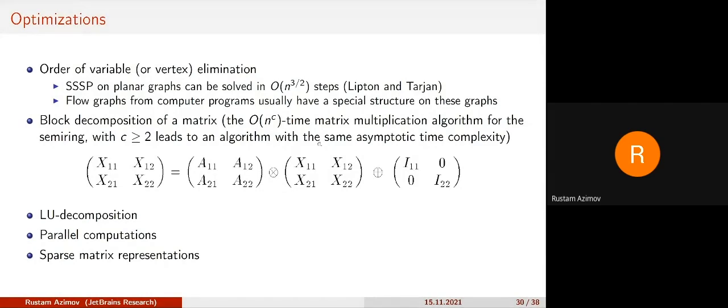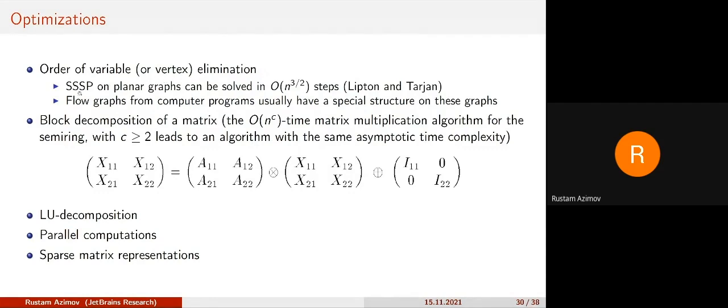For example, we consider elimination algorithms, where we eliminate variables from a system of equations, or eliminate vertices from the graph. We can choose the order of this elimination, and on some graphs of special structure, we can get very good results when we choose this order wisely.